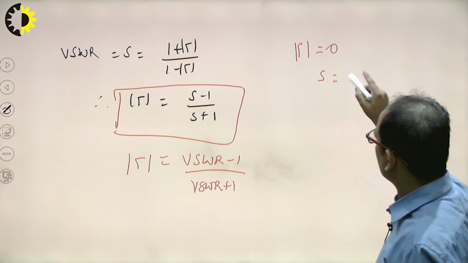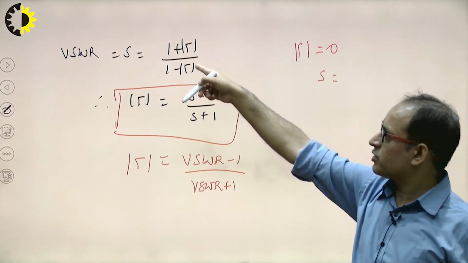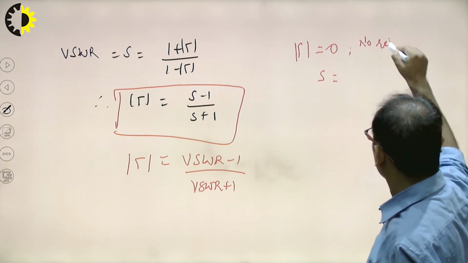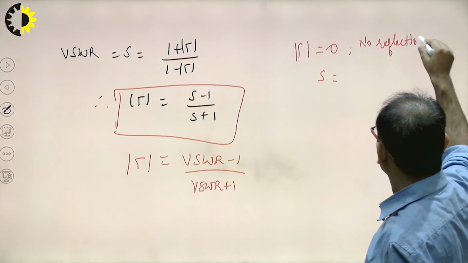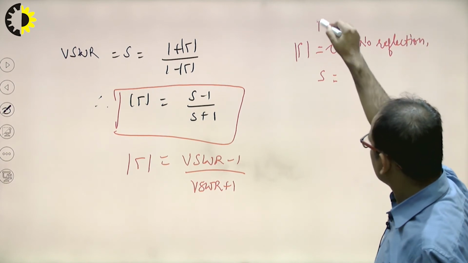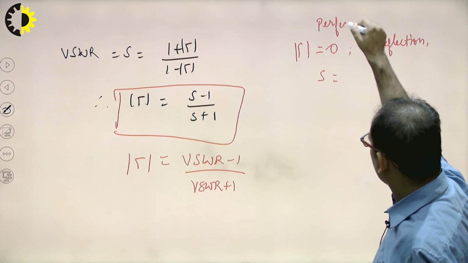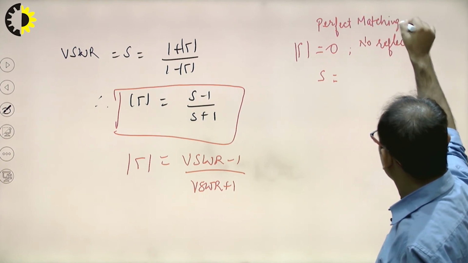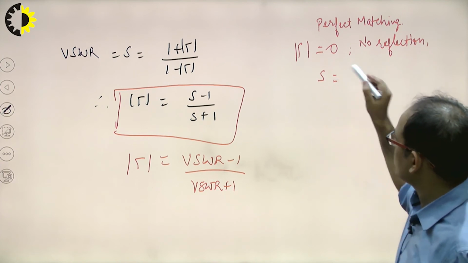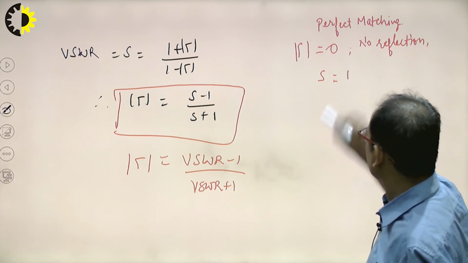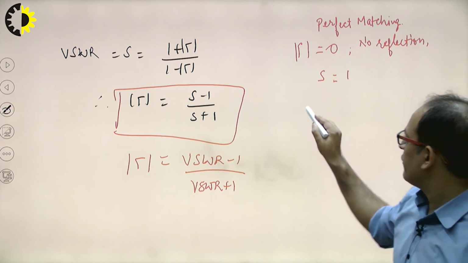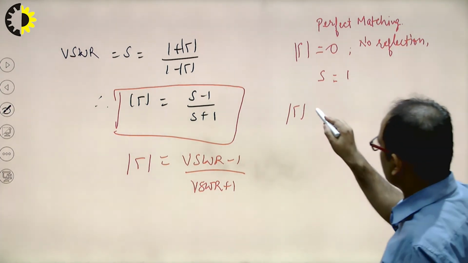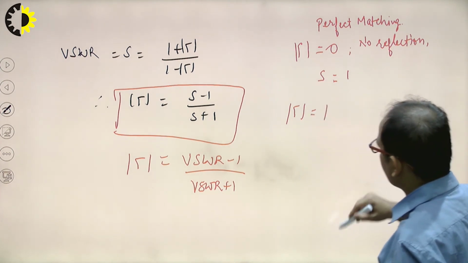Put the value of reflection coefficient equal to 0, when there is no reflection, or you can say there is a perfect matching. So S will be equal to 1. Clear?